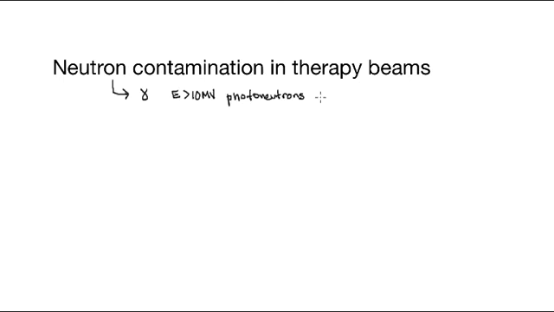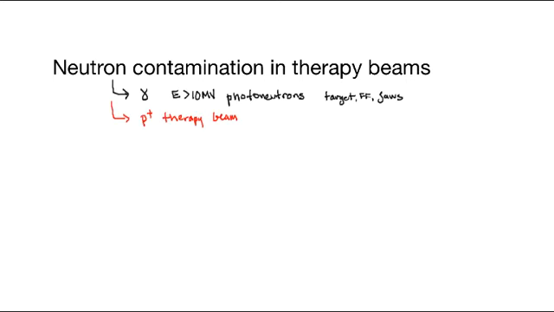That is where a photon interacts in the vicinity of a high Z atom and produces a neutron. So this would typically happen then in the target or flattening filter or jaws of a linear accelerator, which we'll learn about later. Second example would be a proton therapy beam, which also produces neutron contamination. And it depends a lot on the components of the system, how many neutrons are produced.